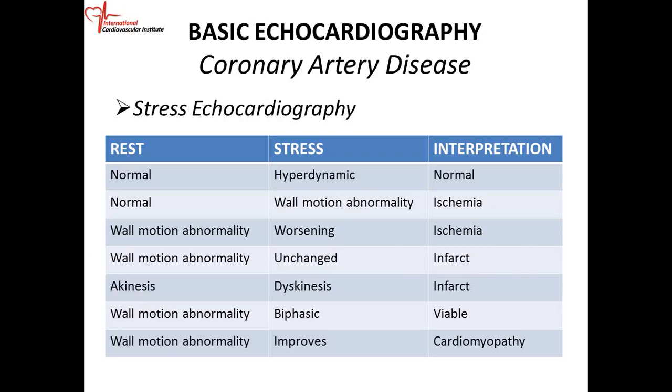We do resting echo. You get your echo at rest, and you're going to infuse your dobutamine. So you're going to give dobutamine, and we usually talk about micrograms per kilogram per minute. And just like your Bruce protocol, every 3 minutes, you're going to give more dobutamine.